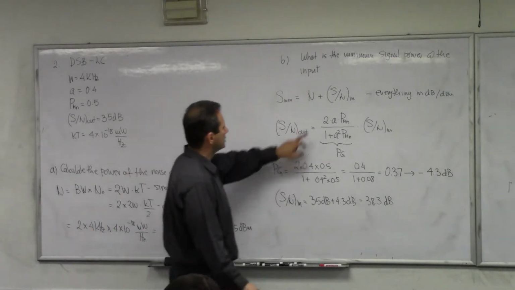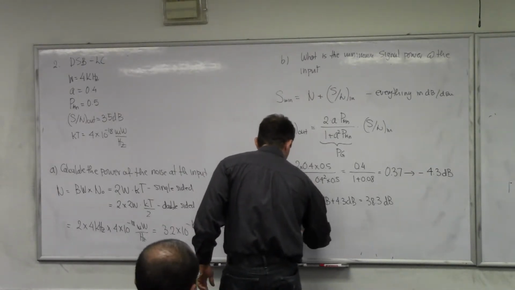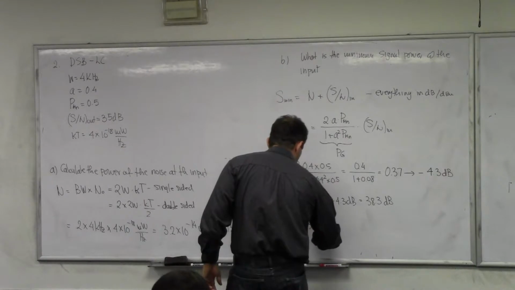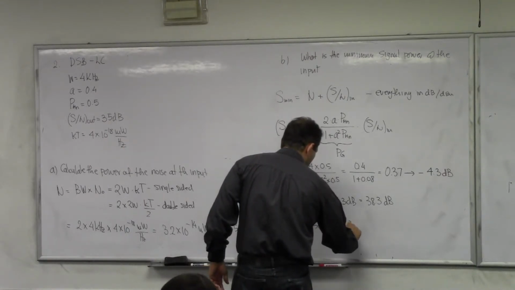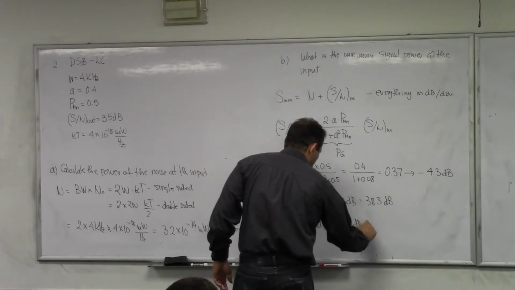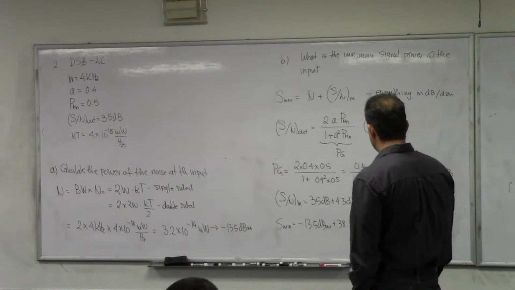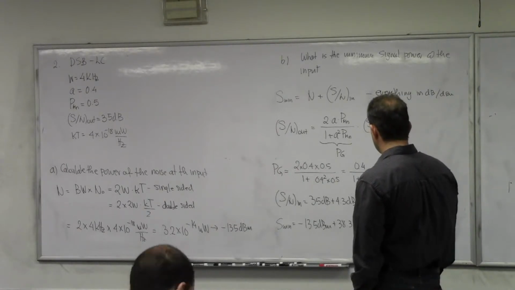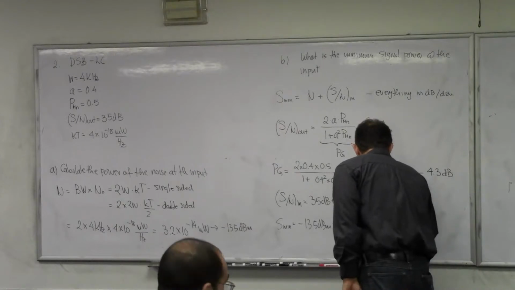Now, if I plug this in here, your receiver sensitivity is going to be minus 135 dBm plus 38.3 dB, which is minus 100 plus 3.3, so it's minus 96.7.